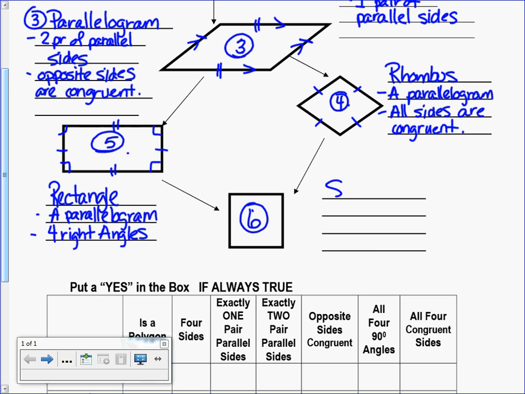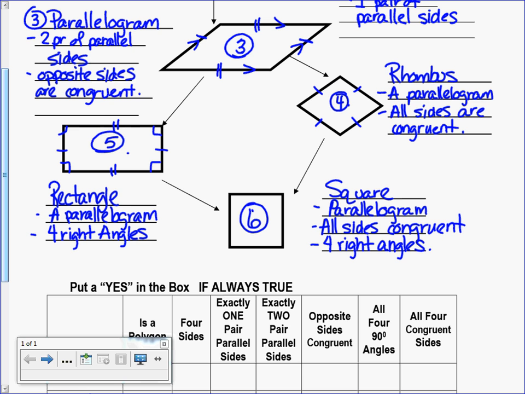So we have our square. Our square is a parallelogram. And it's going to take the characteristic of a rhombus, which is all sides are congruent. And you should be writing this all, I would hope. And it's going to take the characteristic of the rectangle, which is it has 4 right angles.